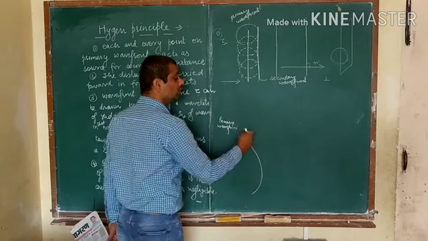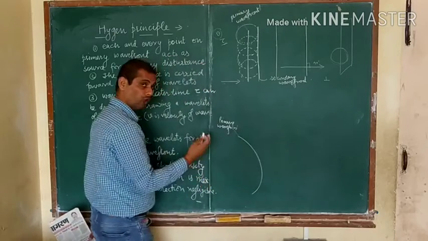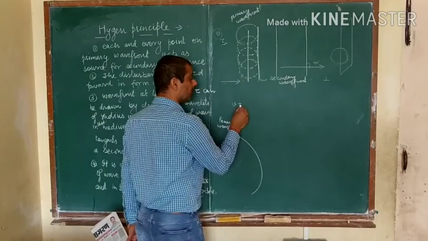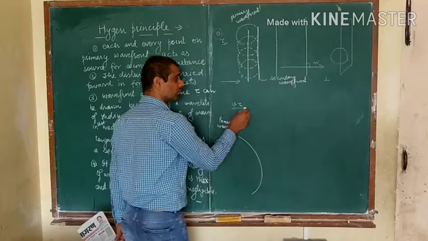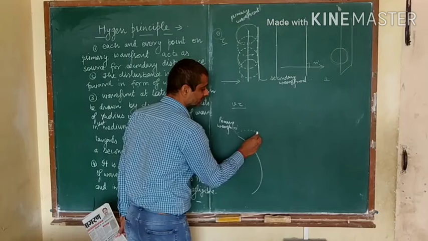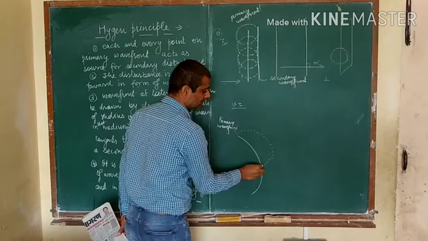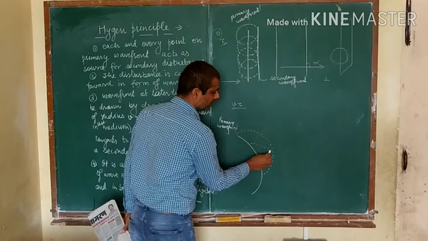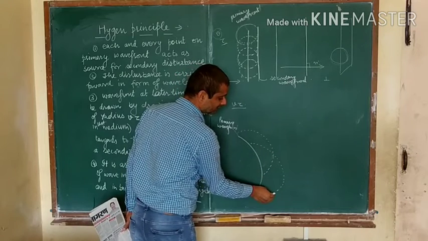If I want to draw the next wavefronts, I will draw the wavelets of radius v tau. If I want to show after time tau, I will draw the radius of v tau. So I take this as the radius. This is 1. This is this much. Similarly, I have to draw the wavelet at each and every point.